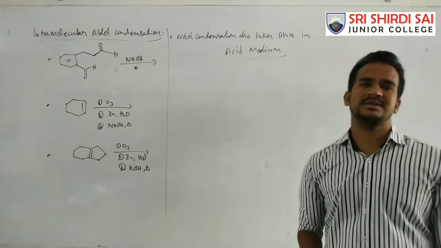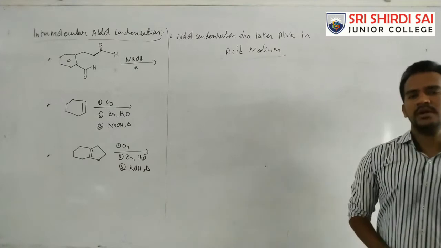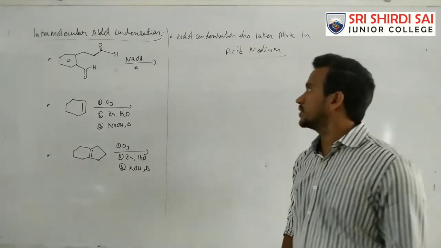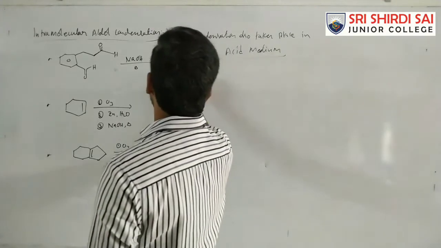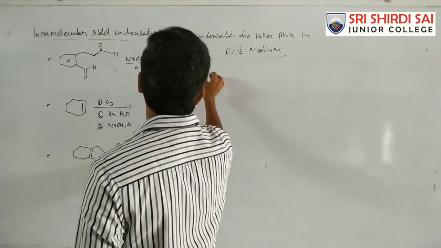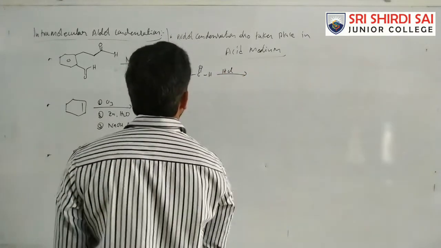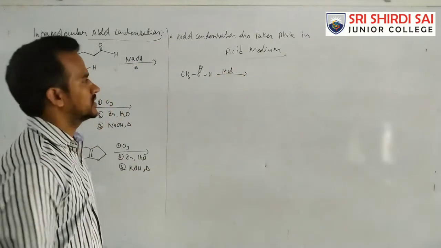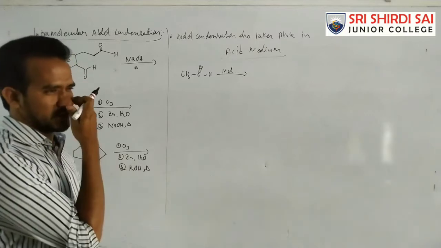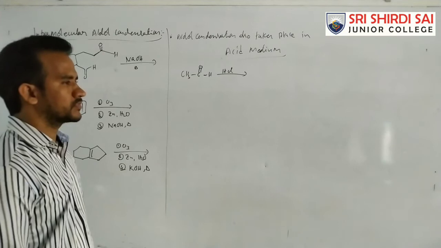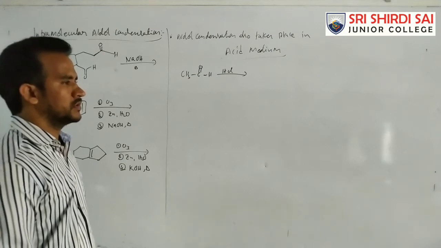So far we discussed the reactions in basic medium, but this aldol reaction is possible in acidic medium also. Okay. Let us discuss one example. So this one I'm treating with HCl. Okay. I'm treating with the HCl. Acid medium. So dilute HCl like this.